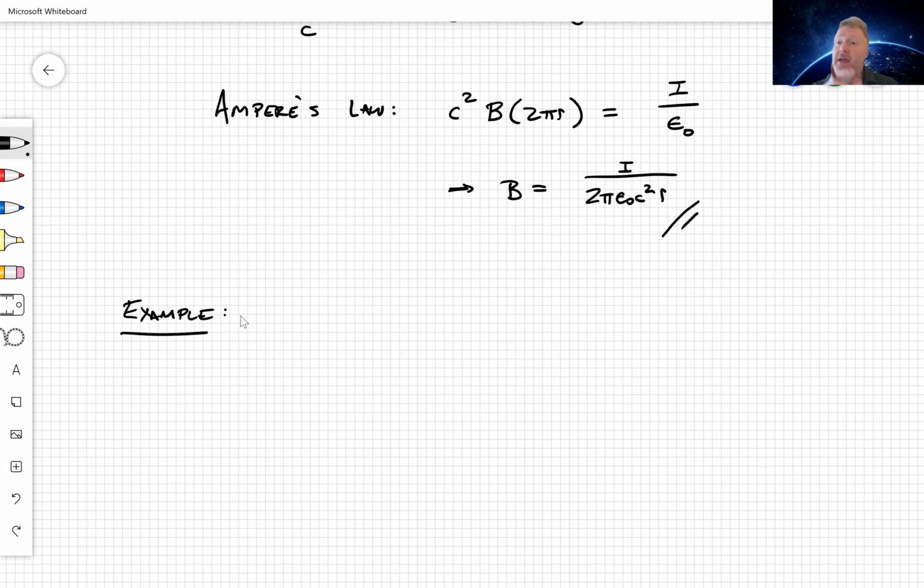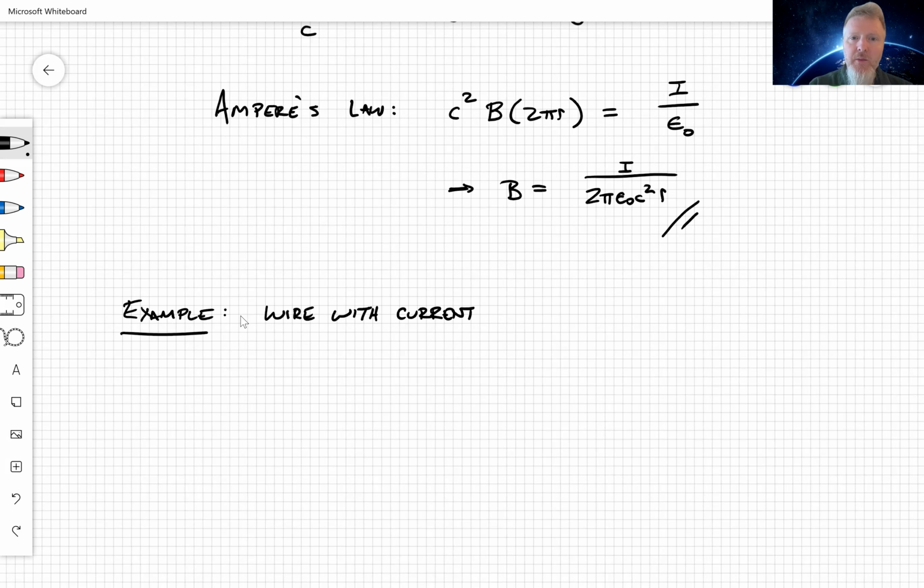What if I want to think about what's going on inside the wire? Okay, so now take that same wire, and now I'm just going to look way closer at it.